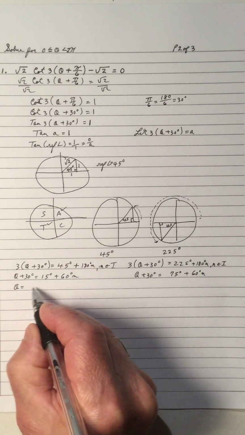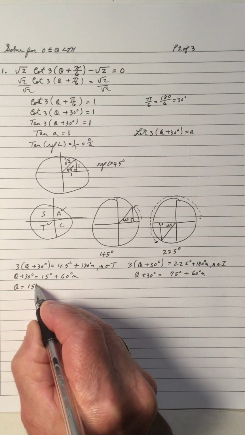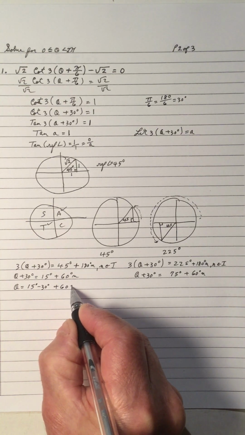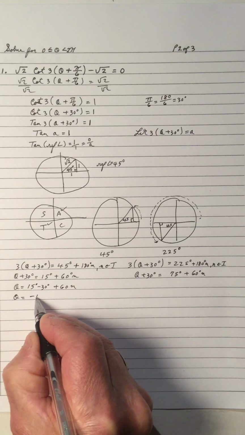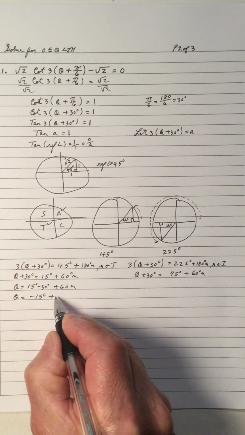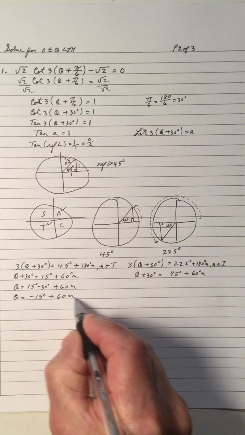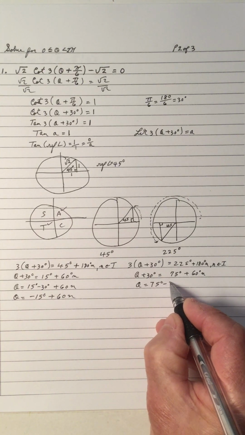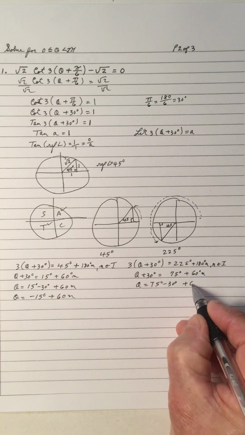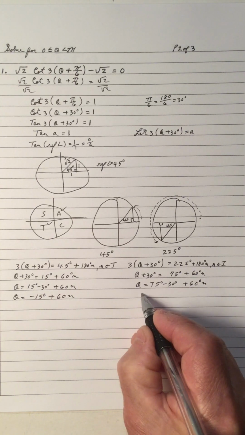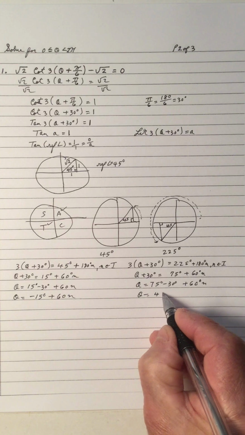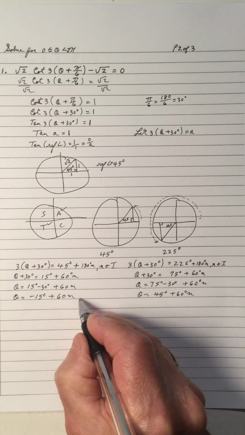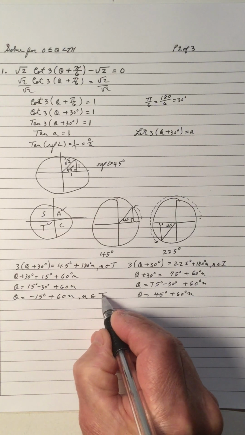We move the 30 over, so we get 15 minus the 30 plus the 60n, so theta is negative 15 degrees plus 60n, and right here theta is 75 minus the 30 plus 60n degrees, so theta is 45 plus 60n, where n belongs to the integers.